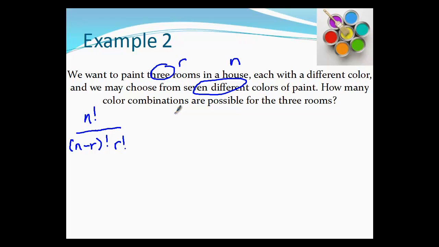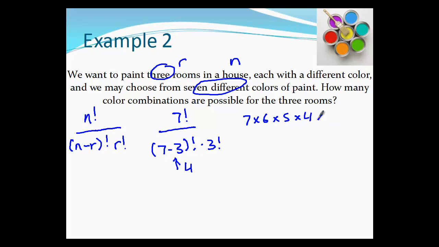Plugging these numbers into the formula, we get 7 factorial all over 7 minus 3 factorial multiplied by 3 factorial. This becomes 4, so we get 7 times 6 times 5 times 4 times 3 times 2 times 1, it's kind of getting mundane, all over 4 times 3 times 2 times 1 multiplied by 3 times 2 times 1.